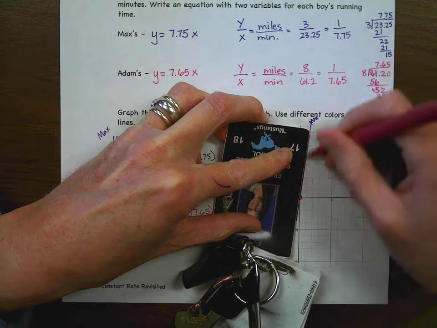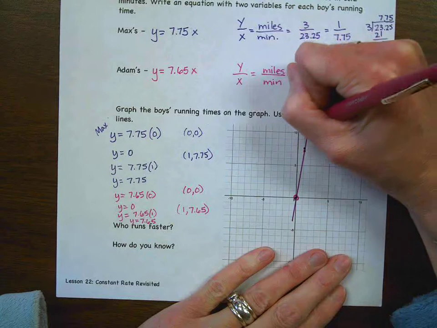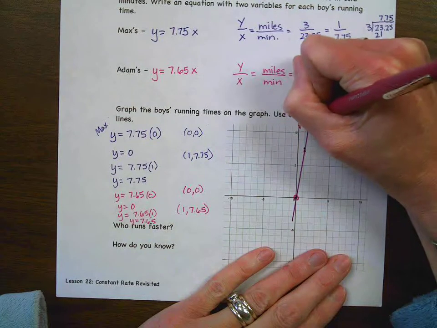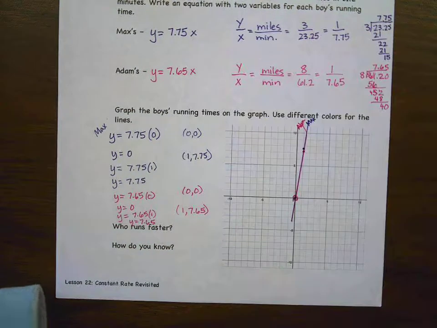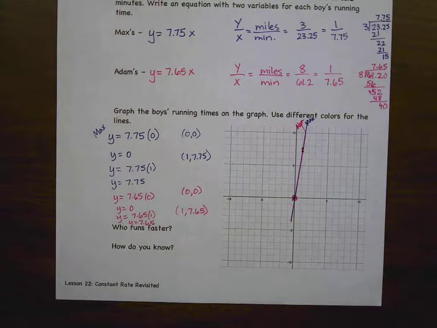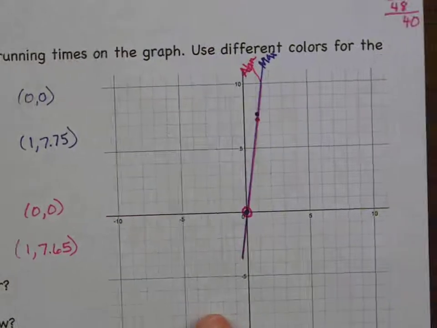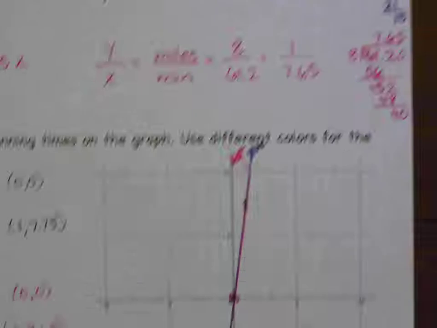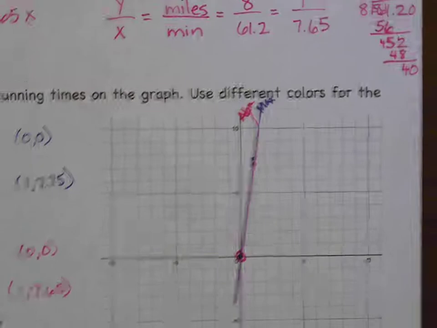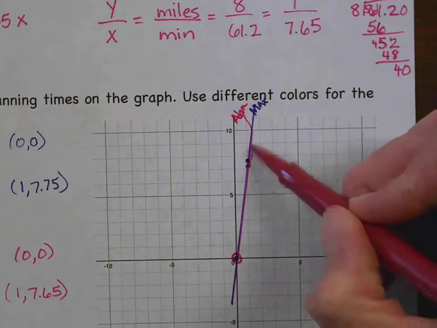It's kind of hard on this graph because the graph is only slightly bigger. So this is Adam. The lines look like they're exactly the same, but they really aren't, because if you look really closely, our two lines are in a different spot, but only very subtly.